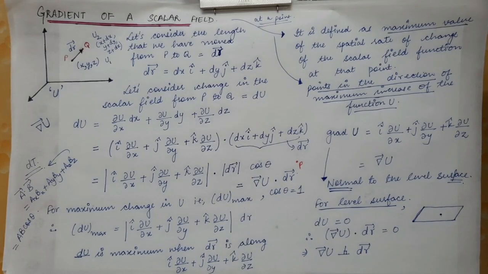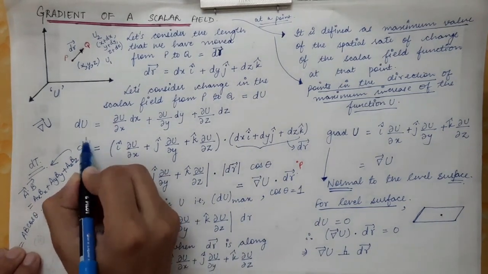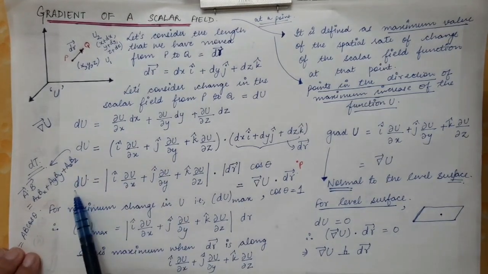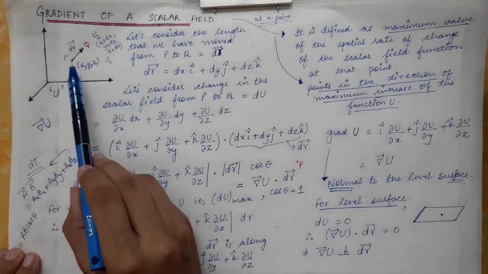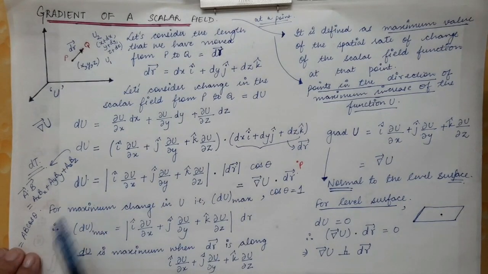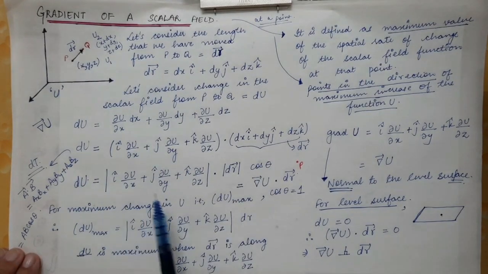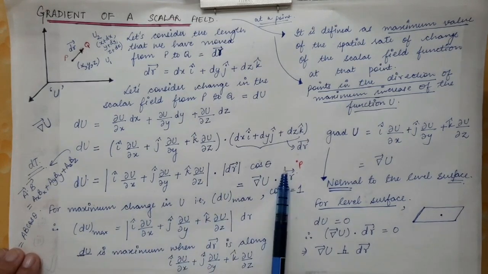To find the magnitude and direction, first of all, this is equal to du. This is the total change in the scalar function when we are moving from one point to another. So there is a change in the scalar function, given by du, when we move a dr vector distance. This can be written in the form of ab cos theta.